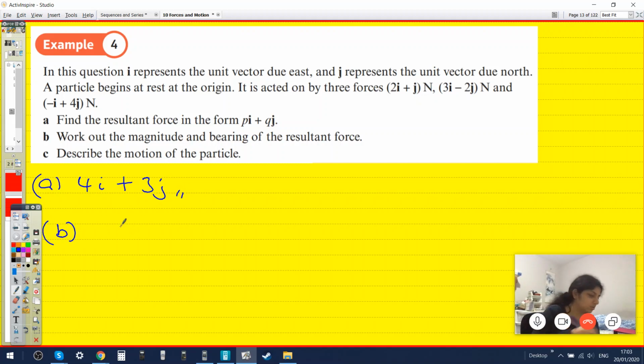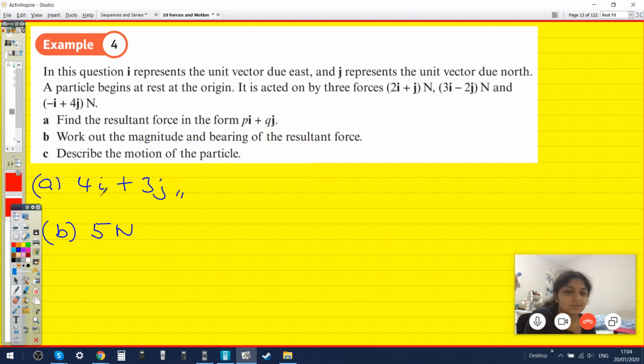The magnitude is 5. I don't know what the bearing is.